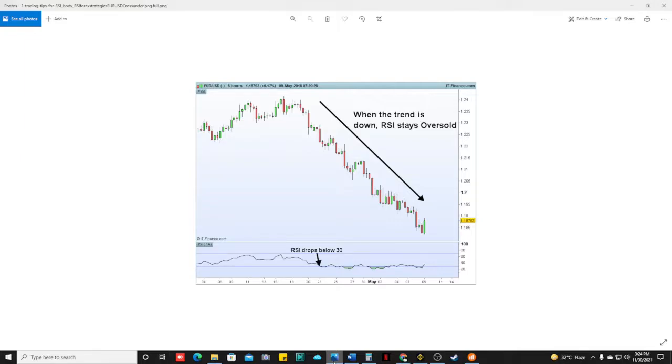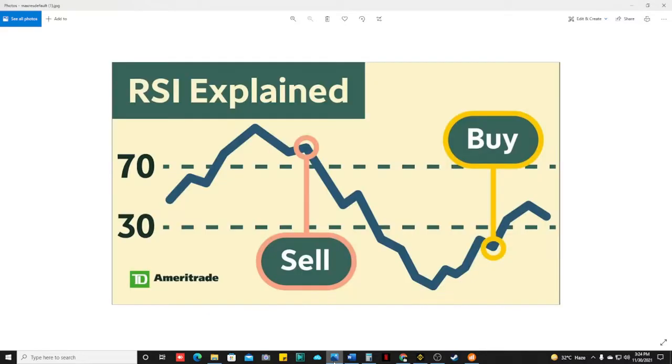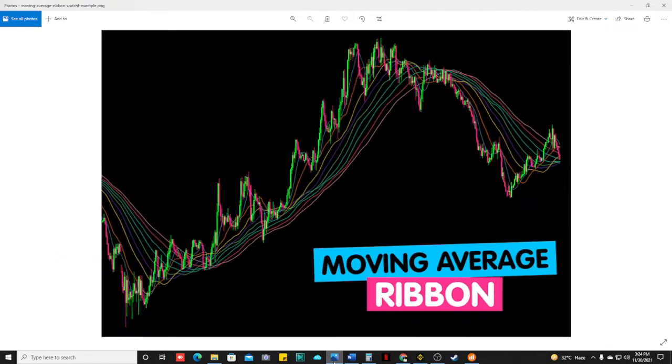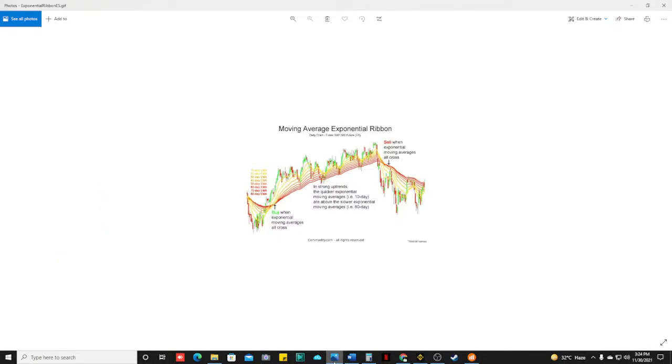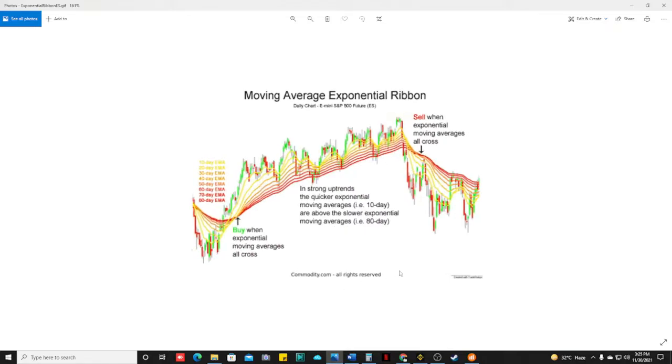So now, we are now using moving average. Okay, trend strategies. So this one is the EMA ribbon. We are using EMA ribbon, moving average.